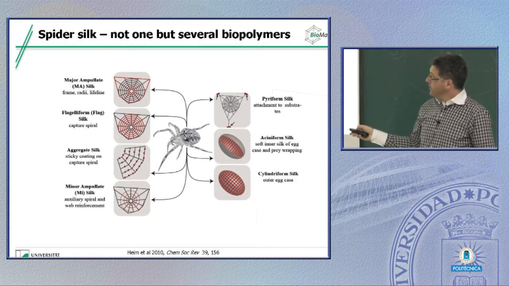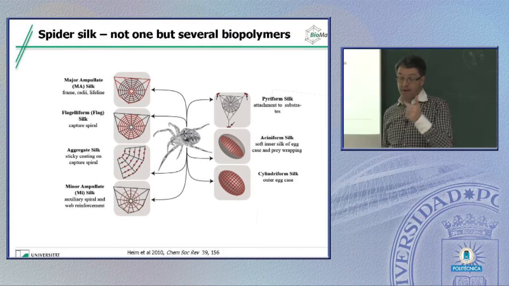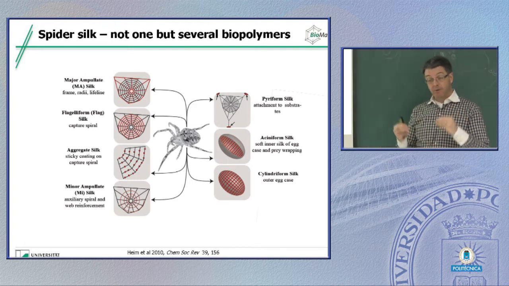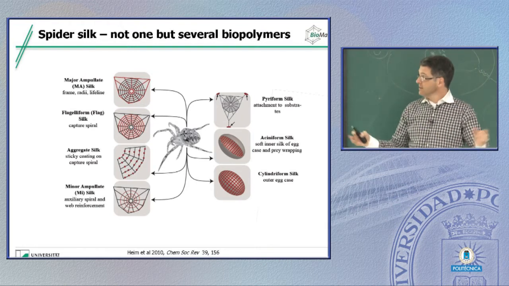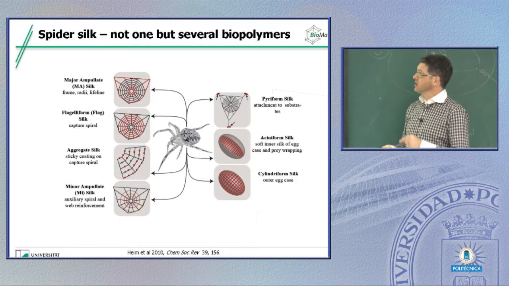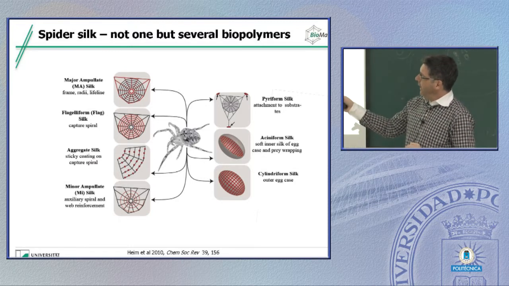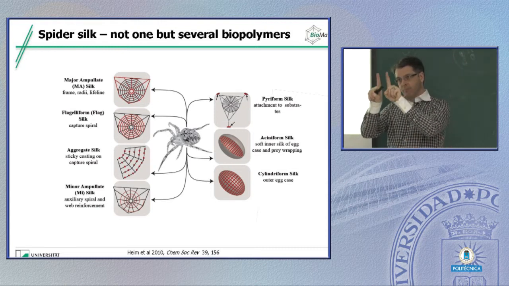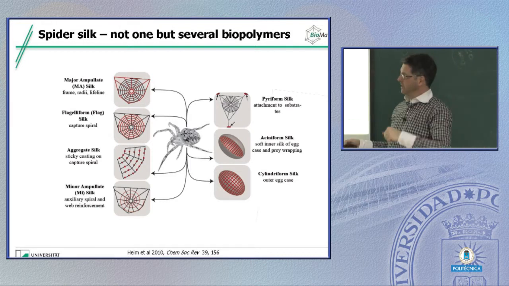So what all of these 7 silks have in common is that they're mainly made of silk proteins. But what is different is the type of silk protein, the size, the molecular weight, the amino acid composition, and also the amount of proteins. In a major ampollate silk, we find at least 2 different proteins. In flagelliform silk, we find a single protein.